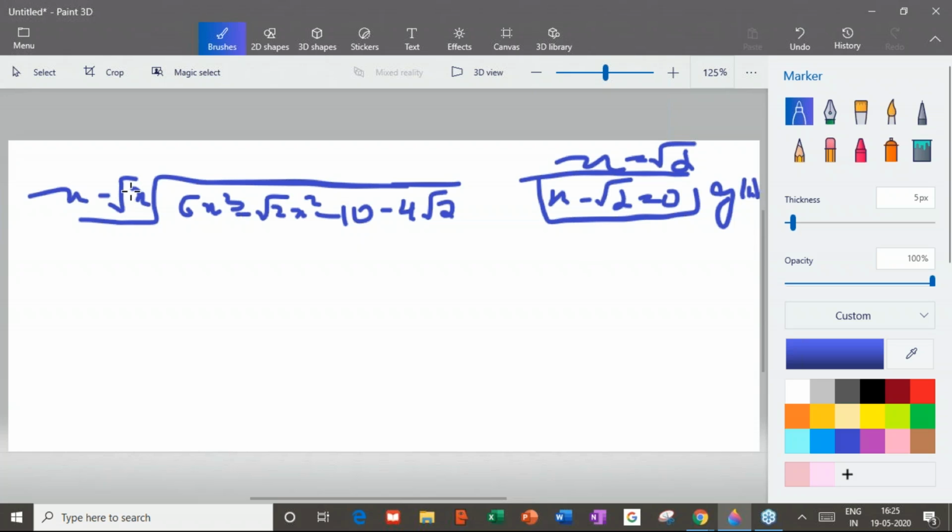So I need, okay, this is root 2. I need 6x cube, so I'm going to multiply with 6x square, right? To get 6x cube minus 6 root 2 x square, right?